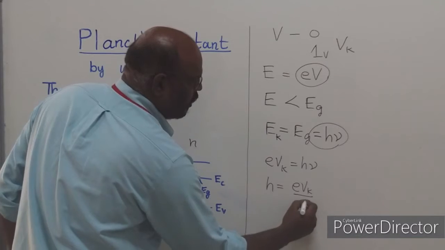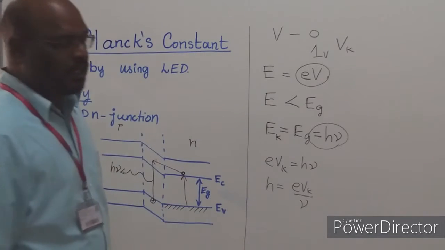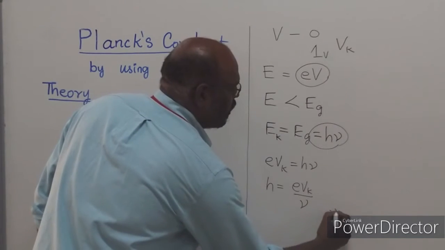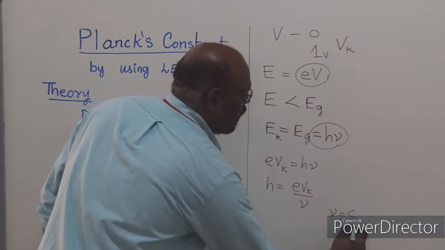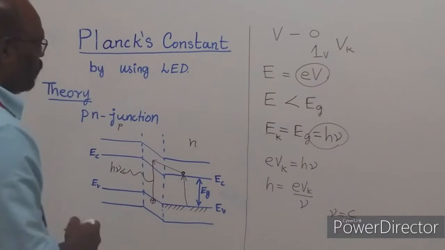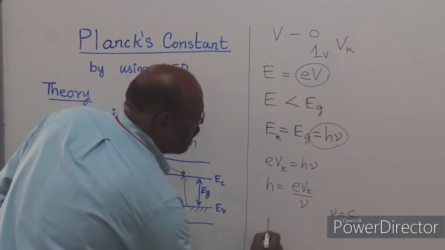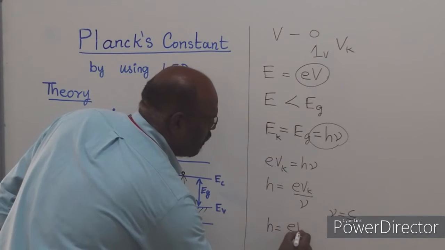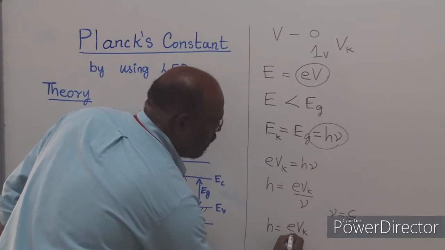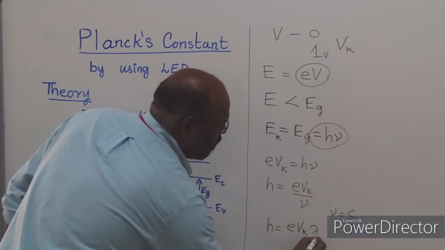h equals eVk by nu. But we know that nu equals c by lambda. So h equals eVk lambda by c.